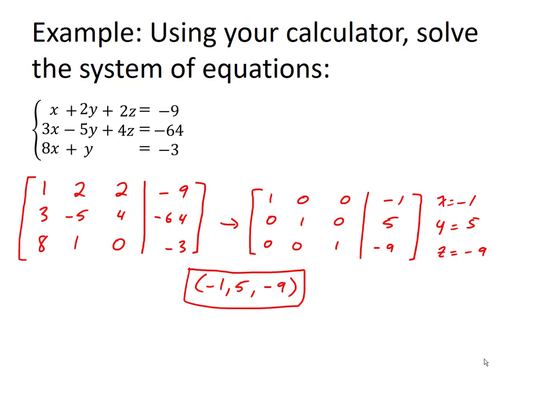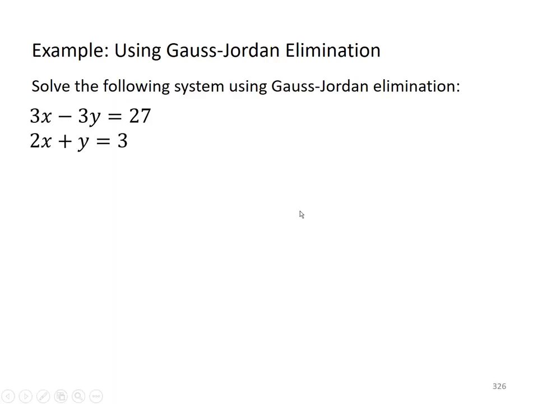Now for my next example, using Gauss-Jordan elimination, which is another name for reduced row echelon form, solve the following system using Gauss-Jordan elimination. I have the equation 3x minus 3y equals 27, and my second equation, 2x plus y equals 3.